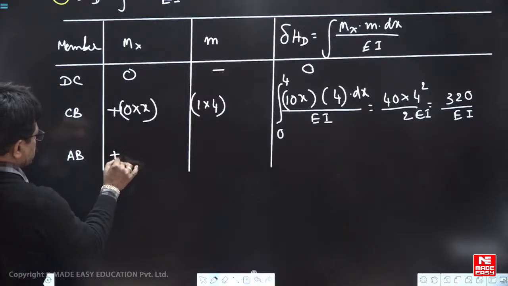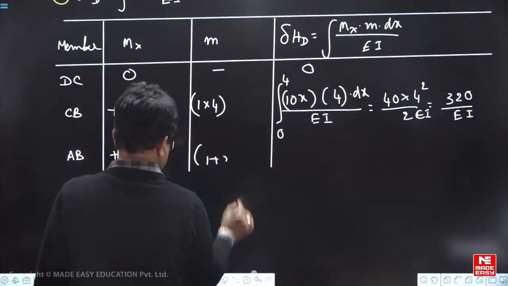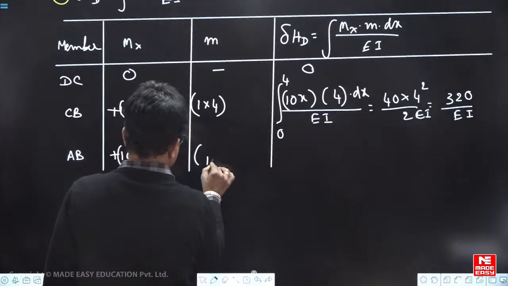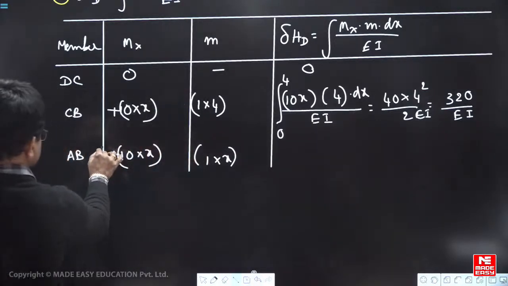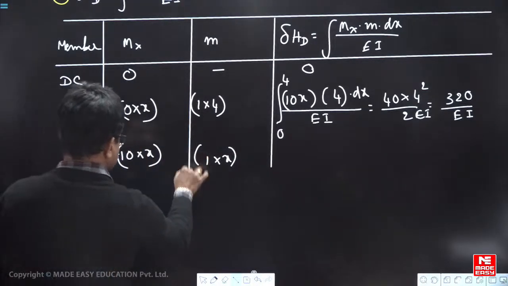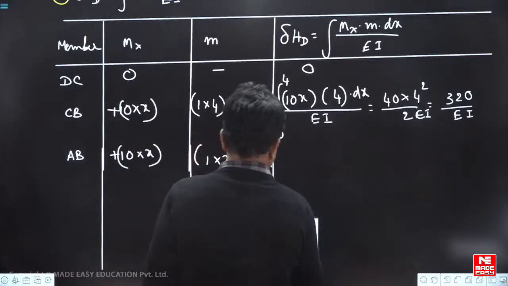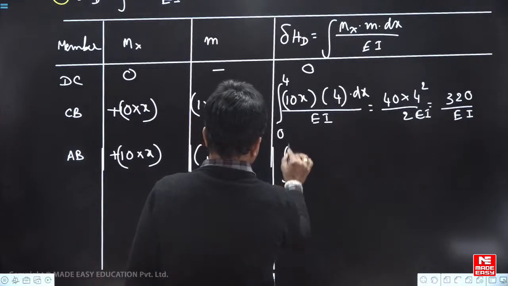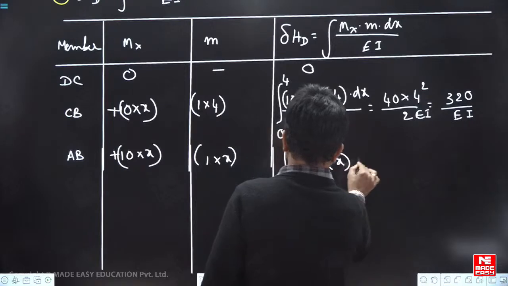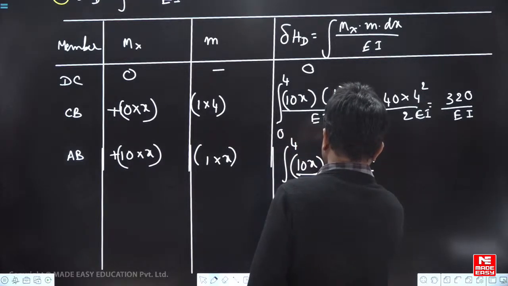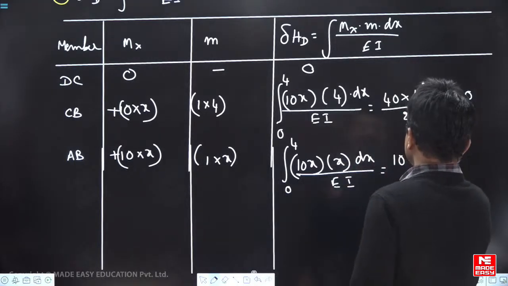Limits of integration again, 0 to 4, 10x into x into dx by EI. 10 into x square means x cube by 3.